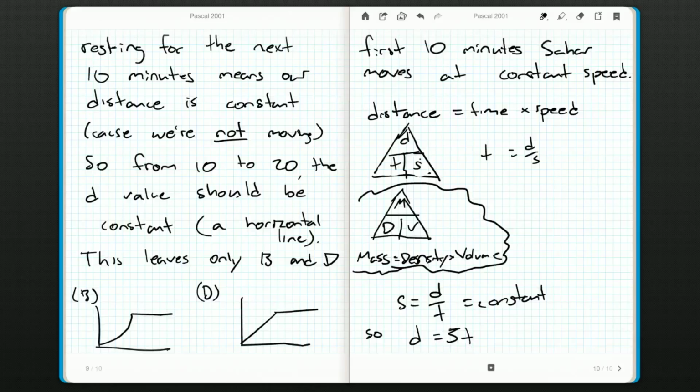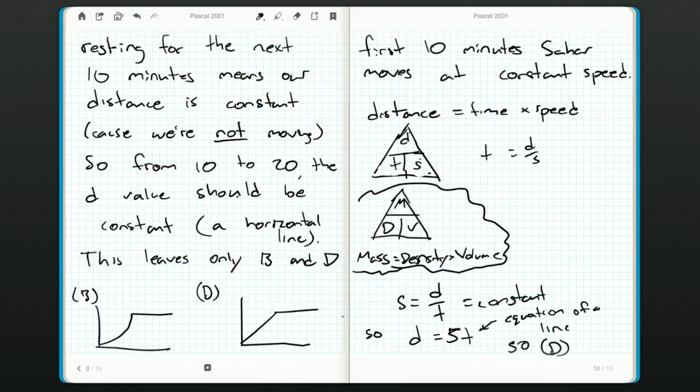So maybe the speed is 5. So that's the sort of thing. And this looks like the equation of a line. Not a weird sort of half parabola curve. So our first 10 minutes should look sort of like a line.